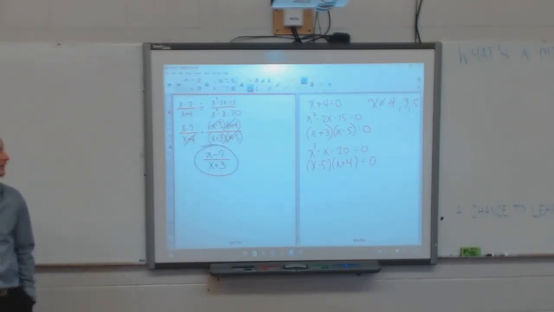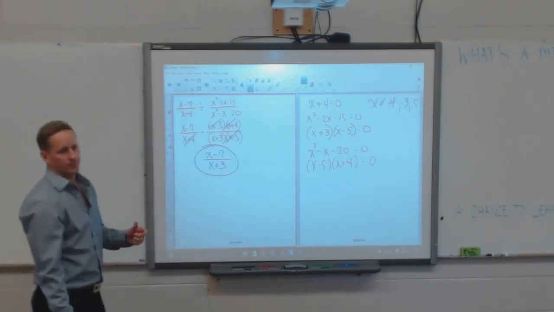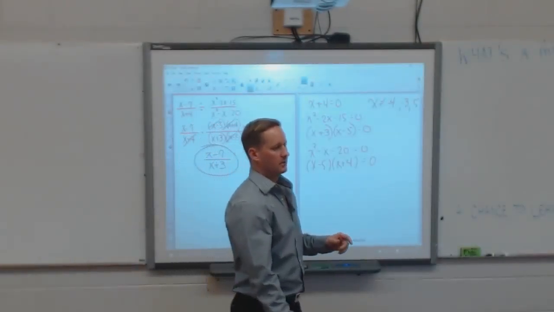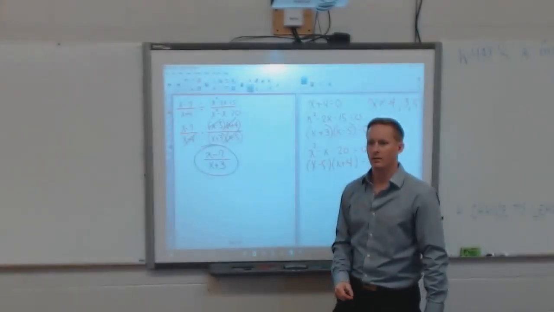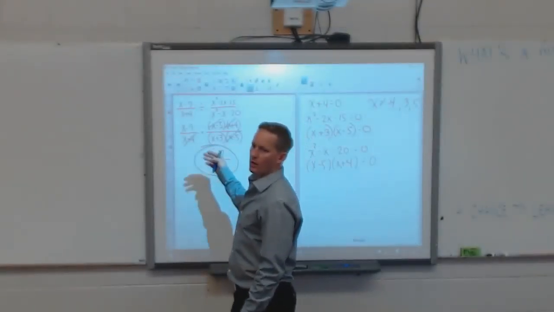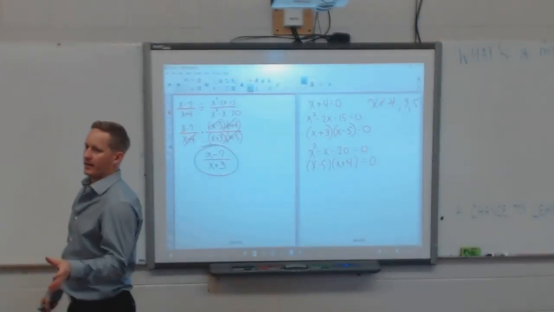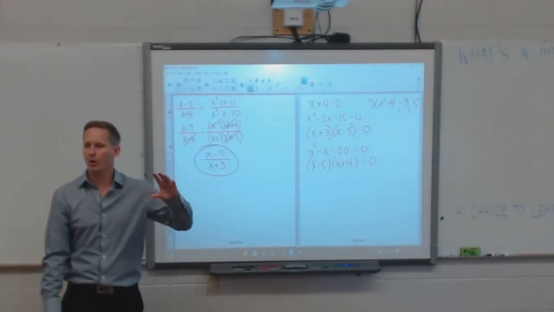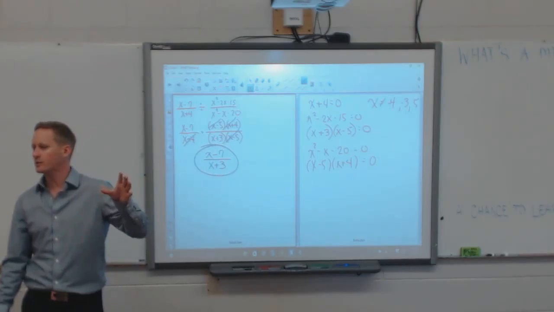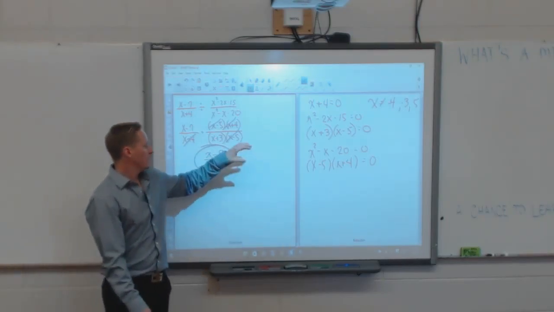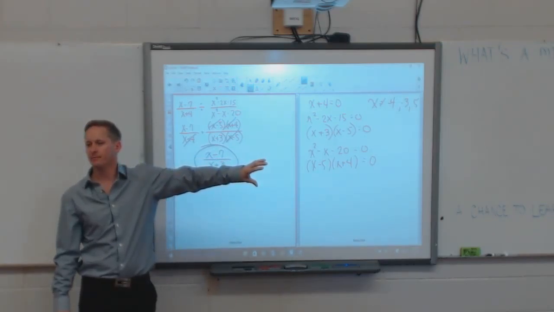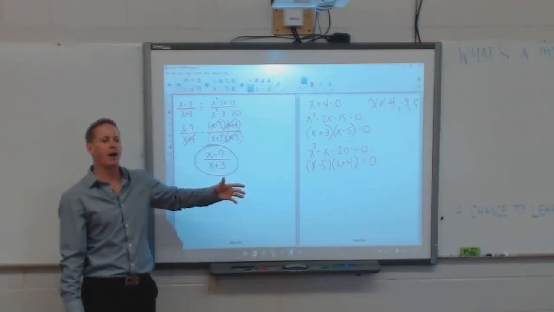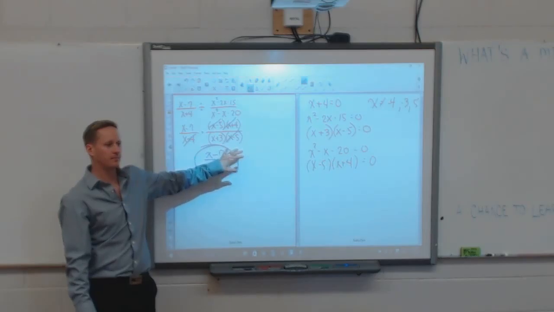Okay. So last year we worked on just factoring quadratic equations. This year you work on factoring again in what we call polynomial or rational functions. Next year you work on factoring so that you can graph them. It makes it easier to graph them once you have factored them.